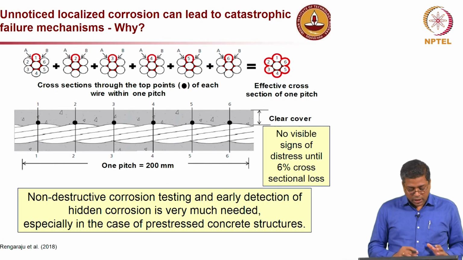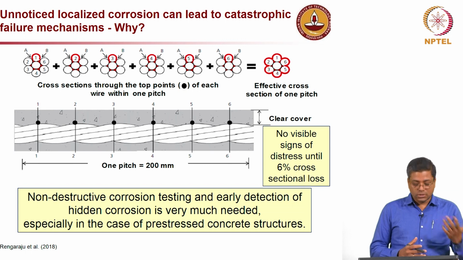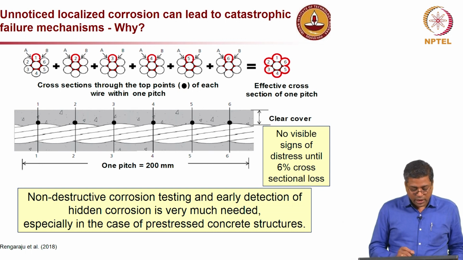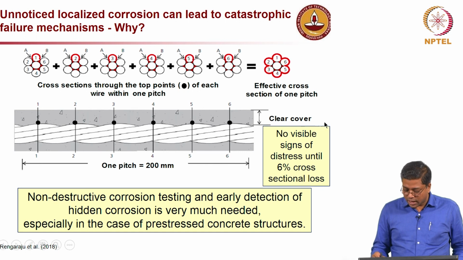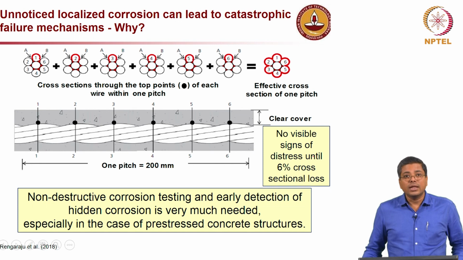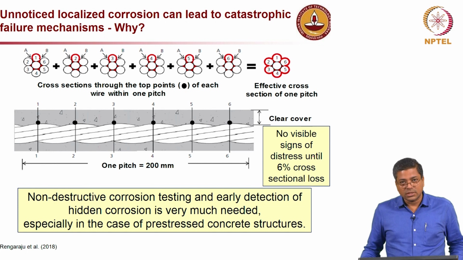Now, this is again the same slide which was discussed in one of the previous lectures. It shows one important aspect: until about 6% of cross sectional loss, there may not be significant visible signs on the concrete surface in pre-stressed concrete.